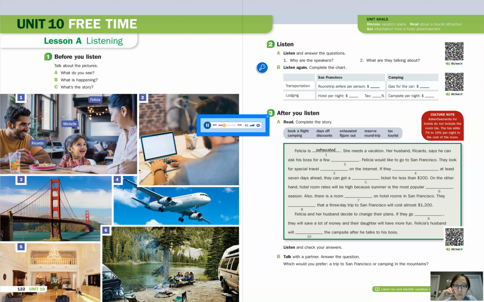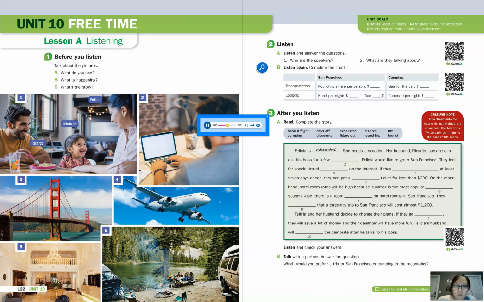Look, if we book a flight 7 days ahead, we can get a round-trip ticket for $200. That's not too expensive. Are there any discounts for children? Let's see. I don't think so. Oh, that's too bad. What about hotel rates? Not cheap. Summer is the height of the tourist season. If we stay in a nice hotel, it's going to cost at least $250 a night.